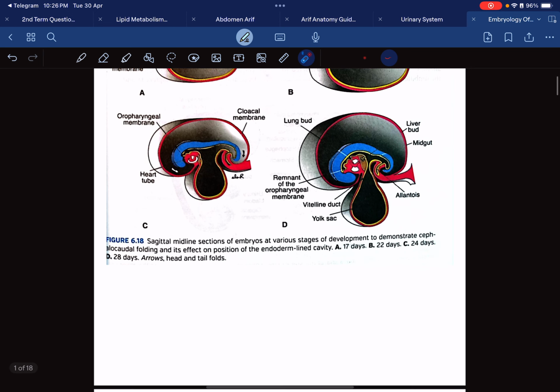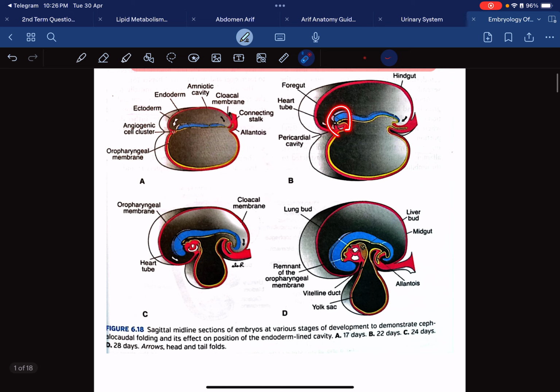Okay, so here if we talk about this, first we need to understand two things: that there is an oropharyngeal membrane here in the cephalic end, and there is a cloacal membrane in the caudal end. The oropharyngeal membrane and the cloacal membrane, these two rupture and form the mouth opening, and here it forms the anal opening.